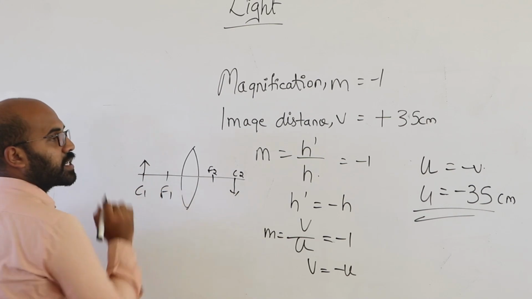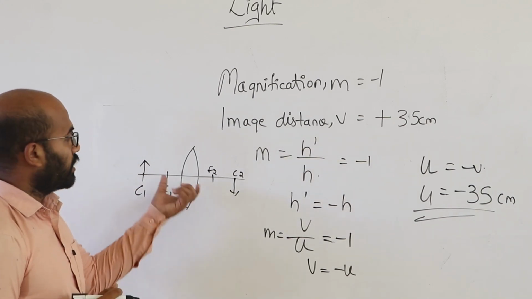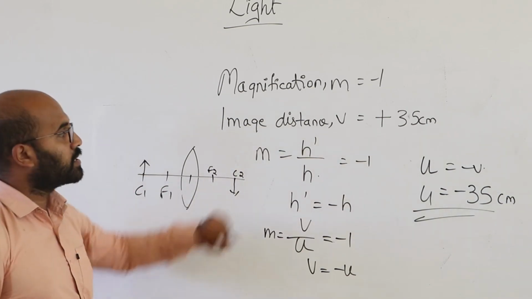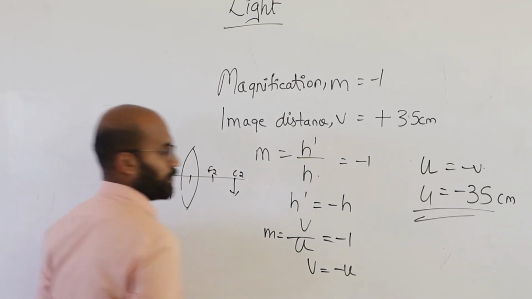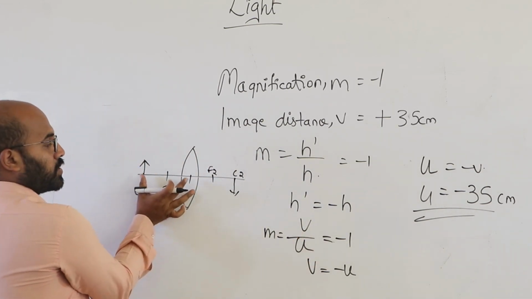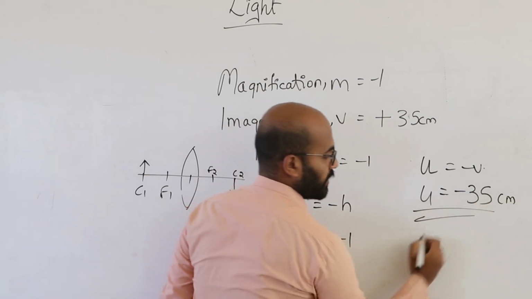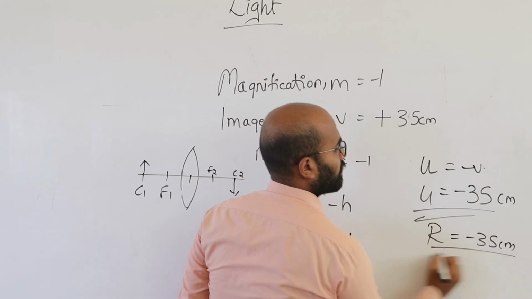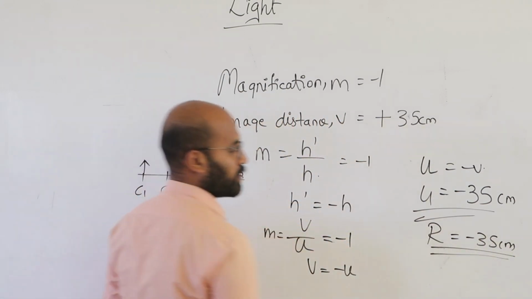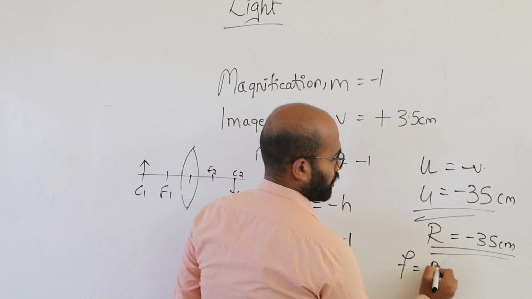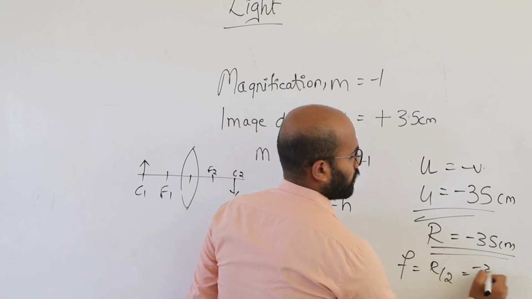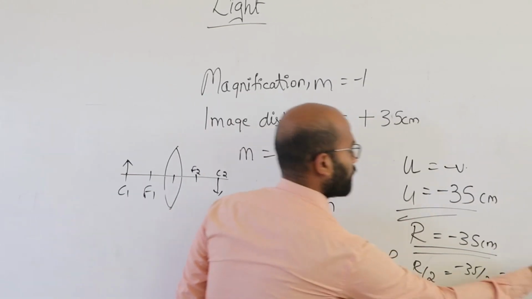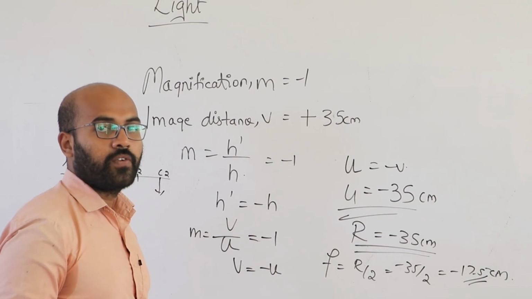It means the radius of curvature is the same as the object distance. So the radius of curvature is also 35 centimeter. If I know the radius of curvature, I can find the focal length, that is r by 2. 35 by 2 is 17.5 centimeter. So I got to know the value of the focal length.